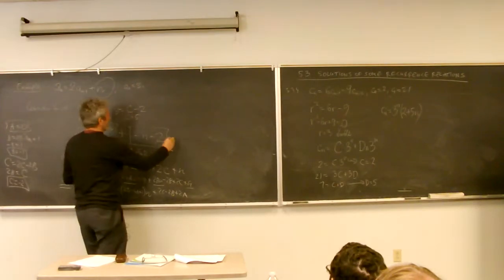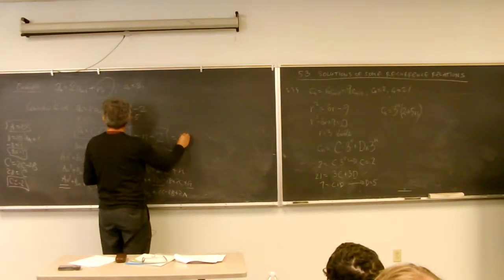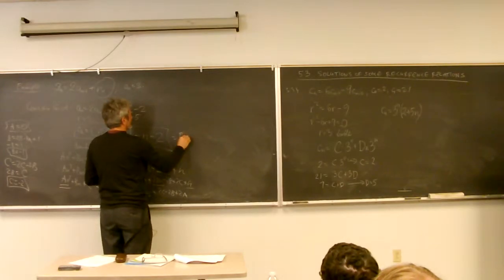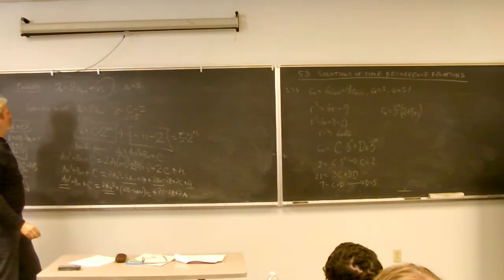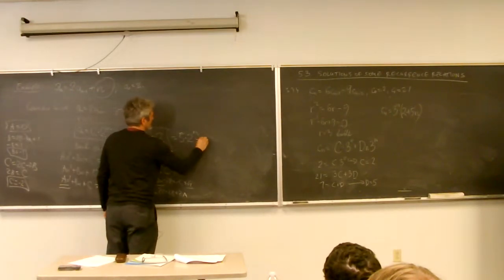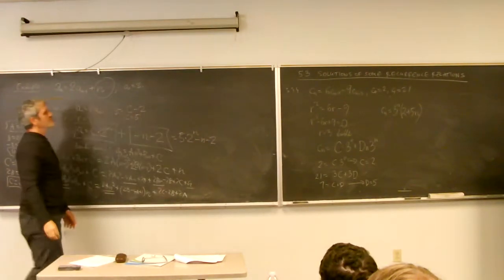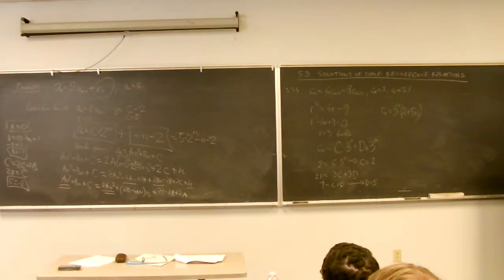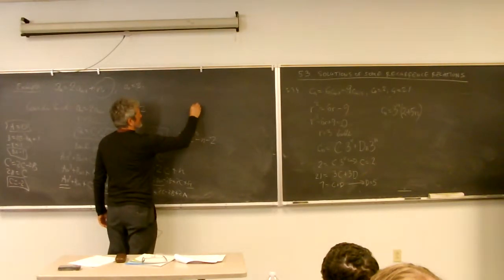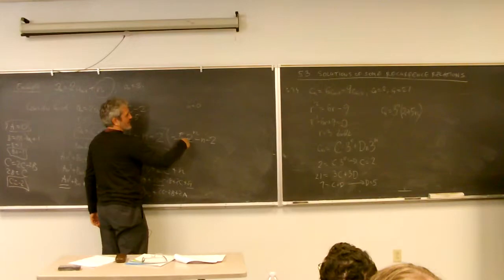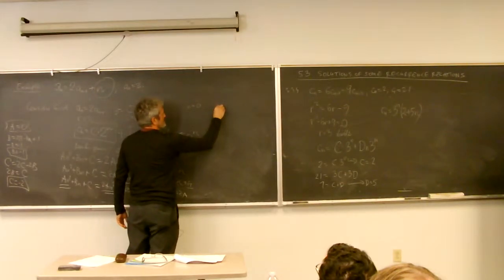So it looks like this. 5 times 2 to the n minus n and minus 2. Here's the formula. Let's check it. When n equals 0, we get 5 minus 2, which is 3.